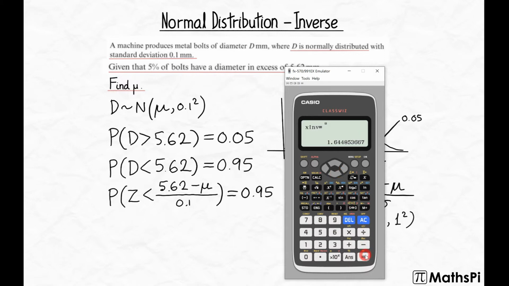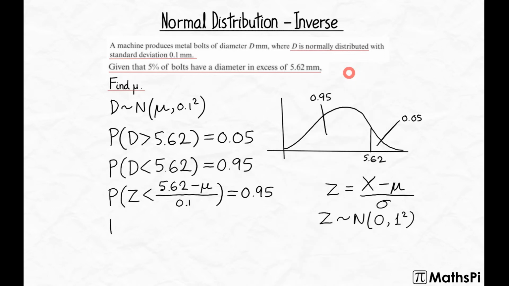So pressing equals here, it gives us a value, 1.6449 to 4 dp. And I'll show you what that actually means. That means the probability that Z is less than that value, 1.6449, is equal to 0.95. The value the calculator gives you is always in terms of a less than statement, which is exactly what we want.